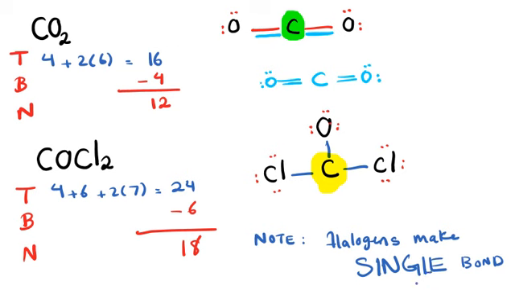Whenever we work with a single bond, please remember that they already have it. So I'm going to focus on oxygen. This is a rule: if we have halogens, halogens prefer to have single bonds.